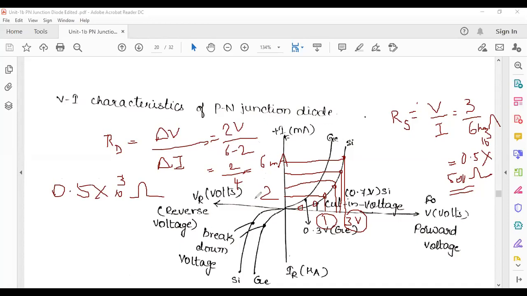In this way, from the forward bias characteristics, I can obtain both static and dynamic resistance.